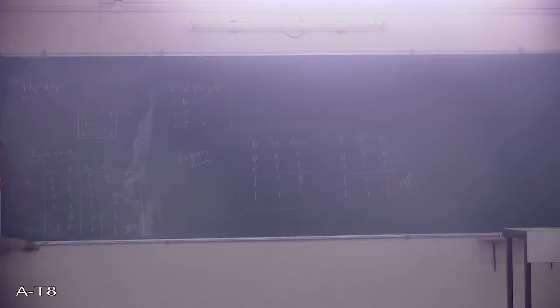Next, when S and R are 0, take the same case. Think that presently the output is not 0, it is 1. I am just taking all the combinations, all possibilities. Before I took 0, so it maintains 0 after triggering. Now Qn is 1. After applying the inputs and clock, Qn plus 1 is 1 only. It means when the inputs S and R are both 0, 0, the output will be the same as before.